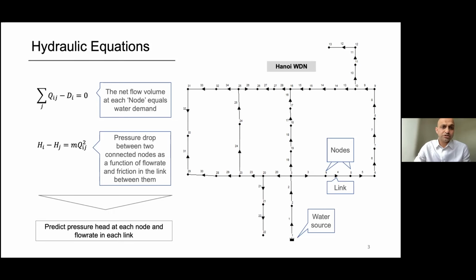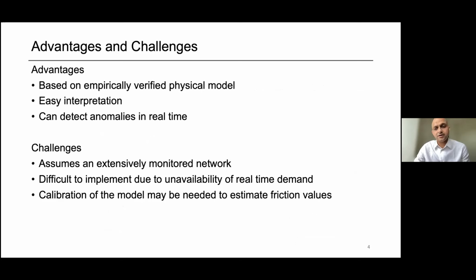But what we also realize is that, although there are advantages, in that these models are very understandable and easy to interpret, and at the same time they can detect any deviation from expected behavior in real time, implementation of such models can be tricky.